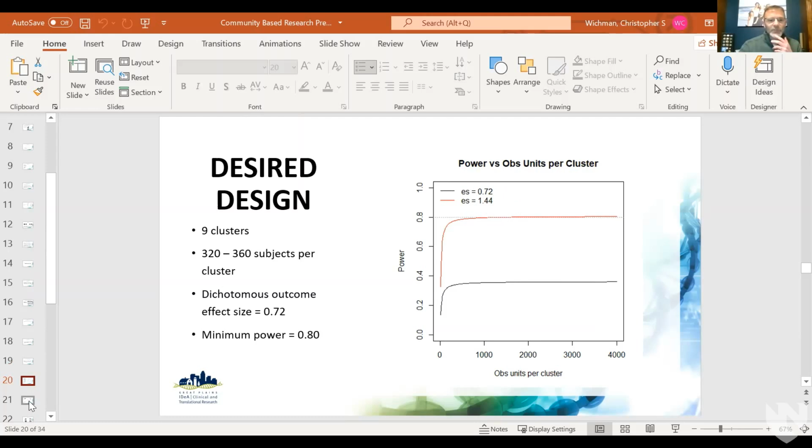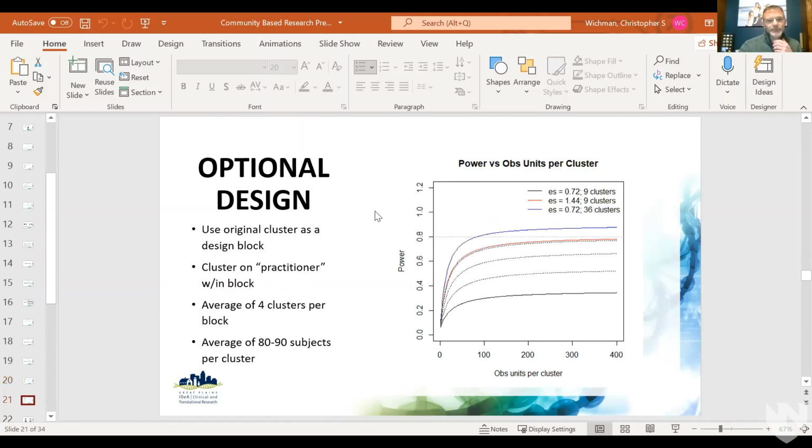So one of the options we can do, and I've recommended this a number of times, we've utilized it a couple of times, and a lot of times they go out and try to find more clusters. But what I've done here is I've taken the original cluster, so the original 9 entities that were going to be our experimental units, and I break them into design blocks. And then I'm calling it practitioner.